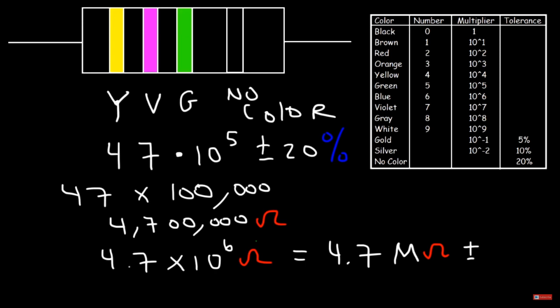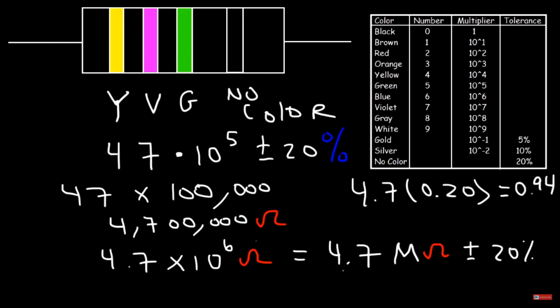So now, what is 20% of 4.7? If we multiply 4.7 by 0.20, don't forget to divide 20 by 100. This is going to give us 0.94. So the resistance could be anywhere between 4.7 mega ohms plus or minus 0.94 mega ohms.